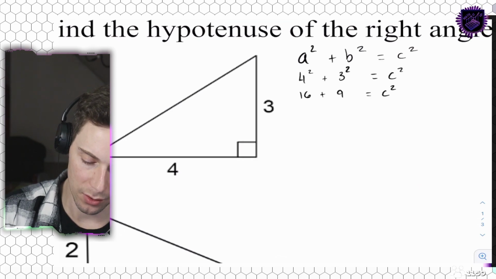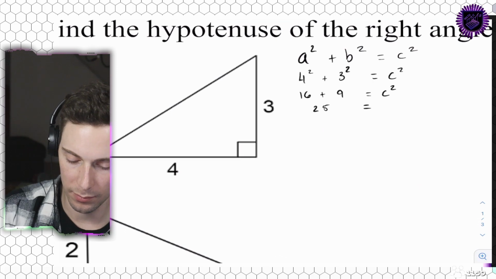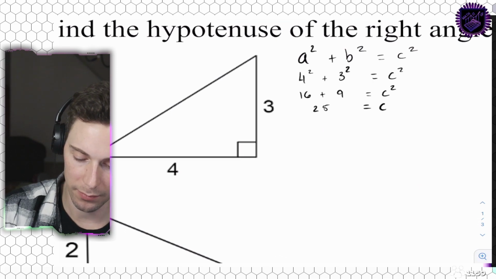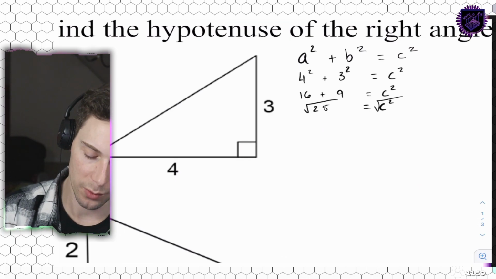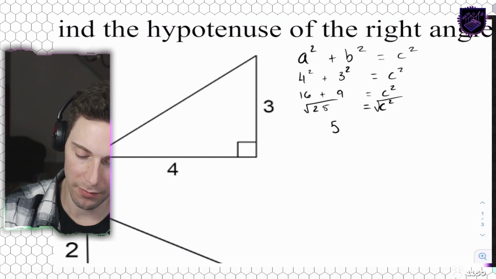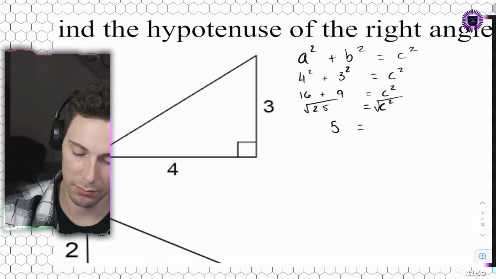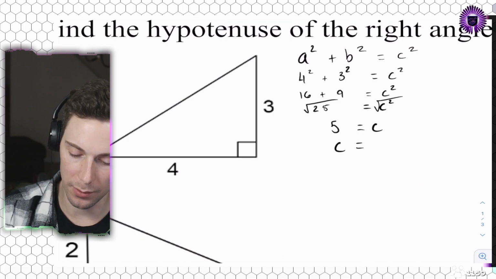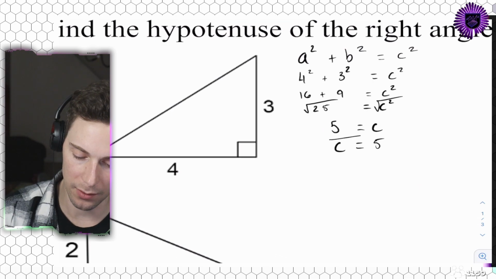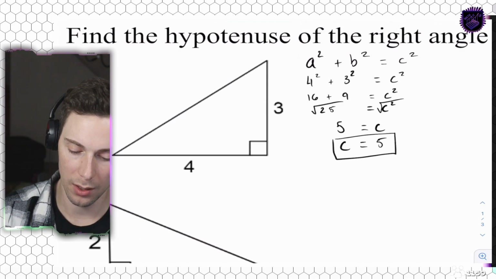So that means 25 will equal the square of c, so we need to then find the square root of both sides. The square root of 25 will be 5, and the square root of c squared is just c. So our answer is c is equal to 5. That is the answer for 1A.